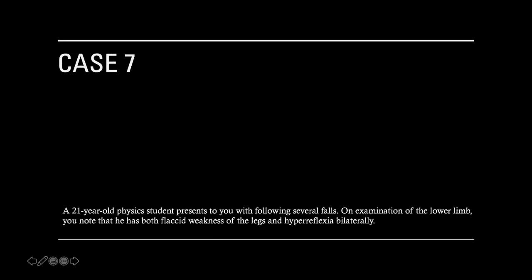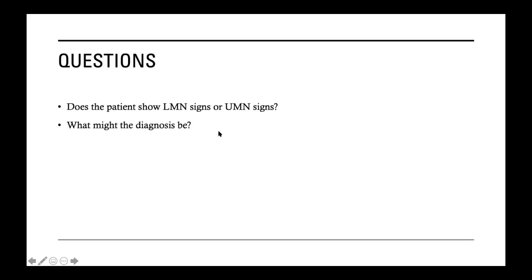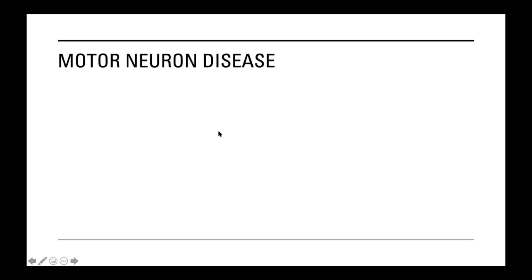So something that can cause both of those to exist at the same time is, oh, we've already done that, motor neuron disease. So the most common form of which is amyotrophic lateral sclerosis, ALS, or Lou Gehrig's disease if you're an American. And this presents with both upper motor neuron and lower motor neuron features.